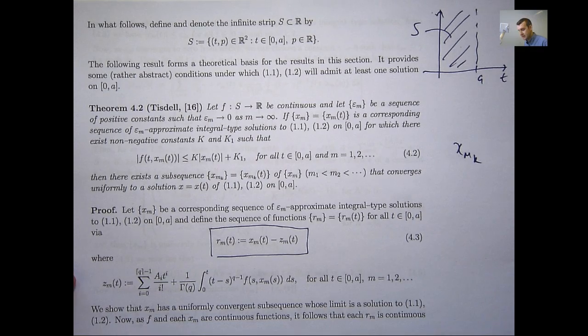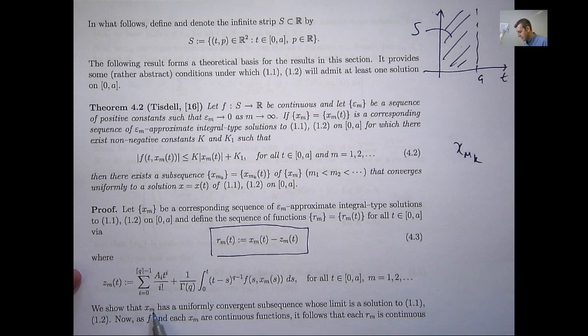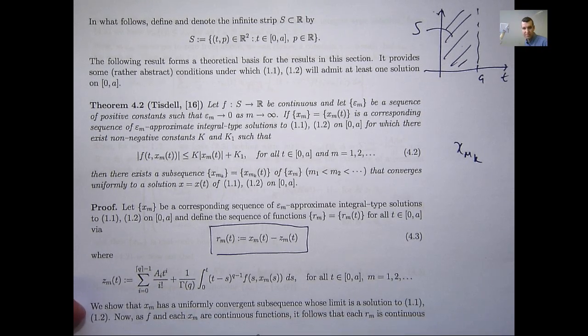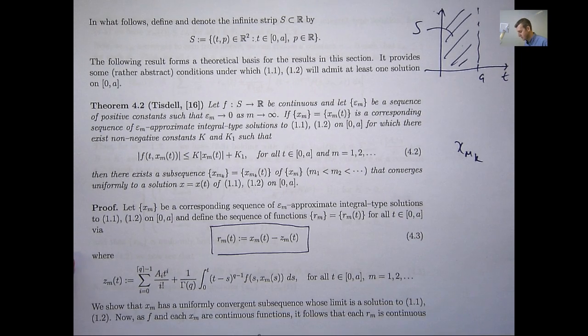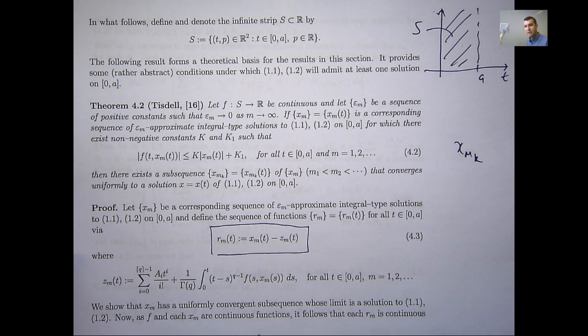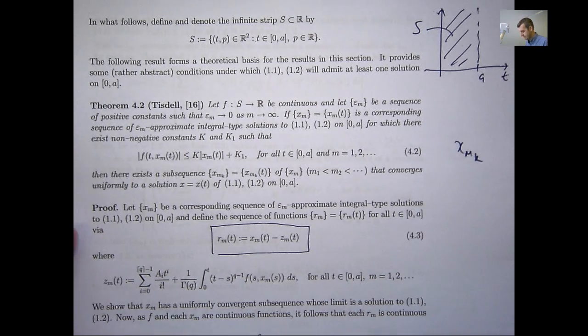Okay, so the idea is to show that x sub m has a uniformly convergent subsequence whose limit is a solution to our original problem. That's the guiding principle here. Now we're going to do that in kind of a roundabout way. The z sub m is going to play a pretty big role here.